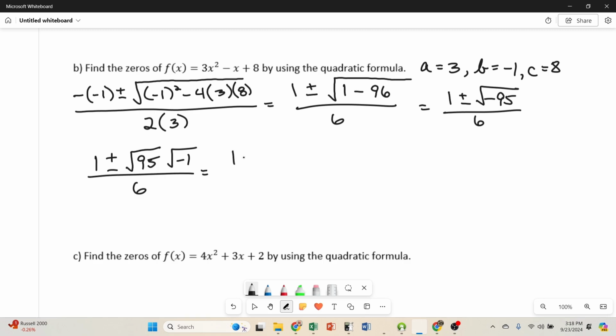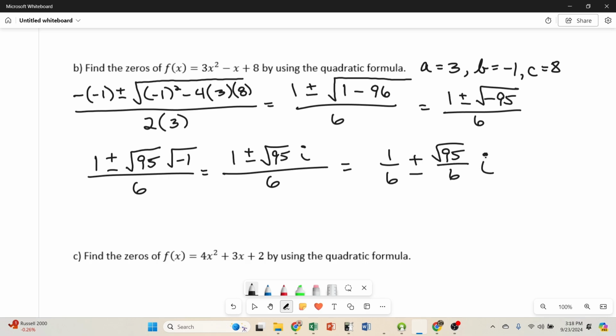So this would be 1 plus or minus the square root of 95 times i, excuse me, over 6. So this is finalized up as 1/6 plus or minus the square root of 95 divided by 6 times i. This is the proper form for the answer.